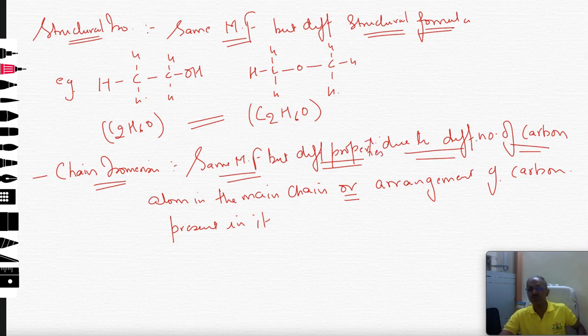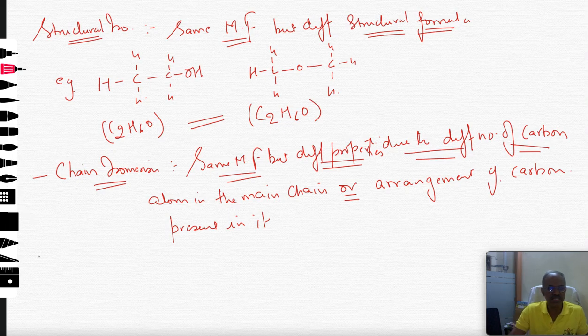Due to the different number of carbon atoms in the main chain, or you can also say the arrangement of carbon atoms present in it. Make it a pointer. Try to understand. Two compounds having the same molecular formula differ from each other in the number of carbon atoms present in the chain, or the arrangement of carbon atoms is such that the chains are different. That is known as chain isomerism.